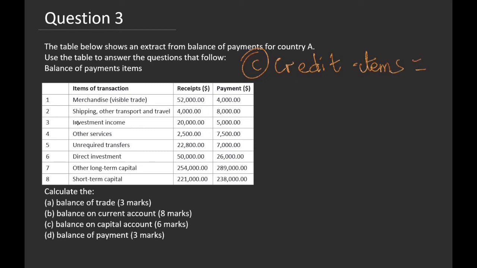The credit items here, we have $50,000, that's this, plus 254,000, plus 221,000.